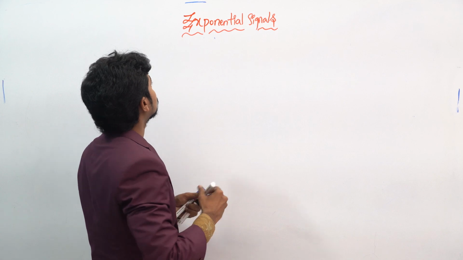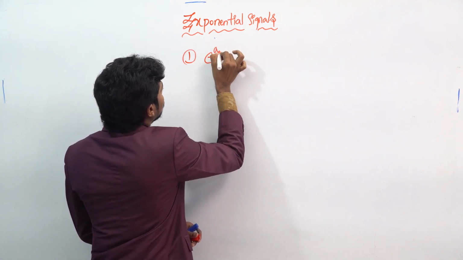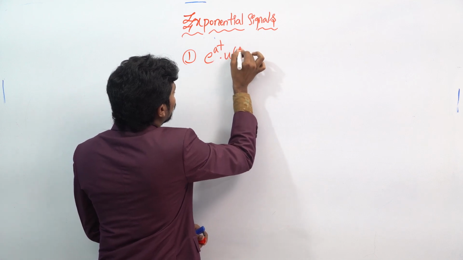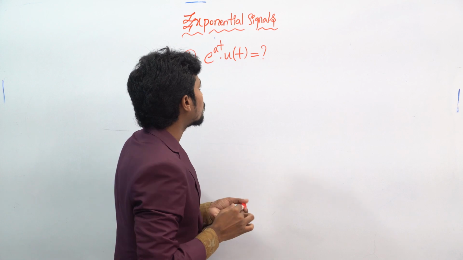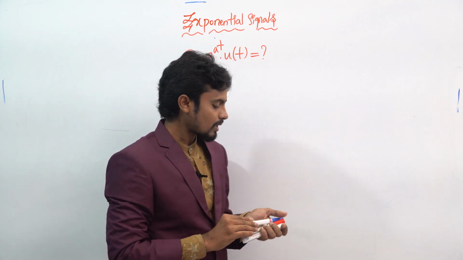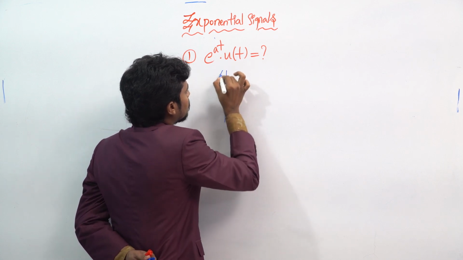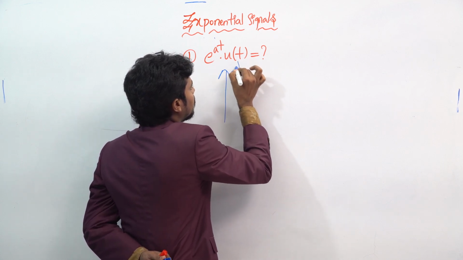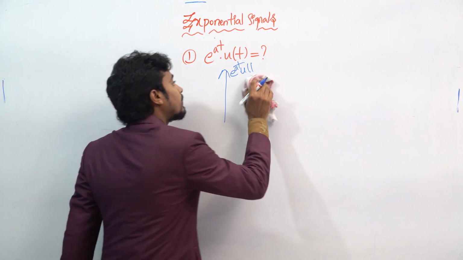First question: e power at into u of t. What will happen to the plot if we draw e power at into u of t? For example, this will be the e power at only.